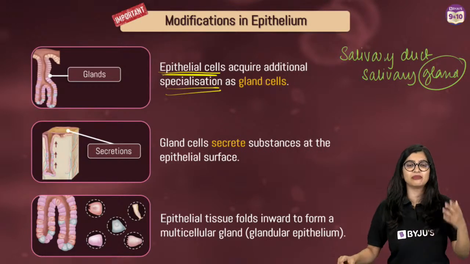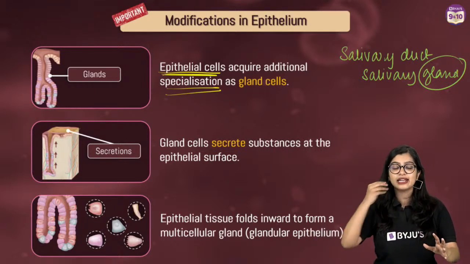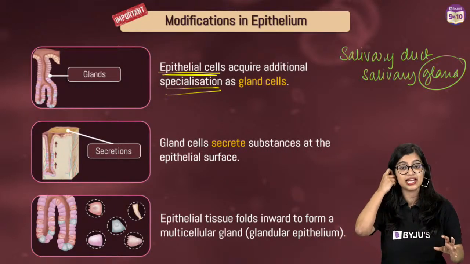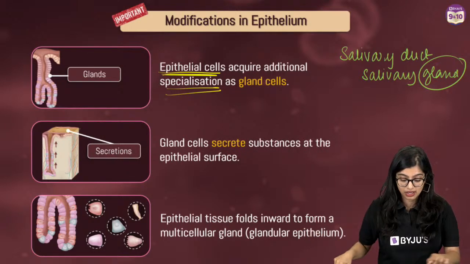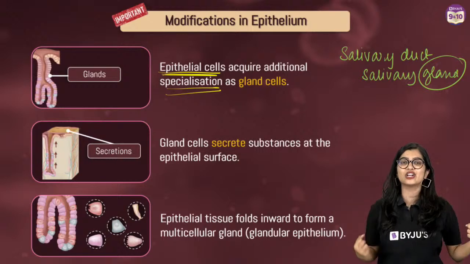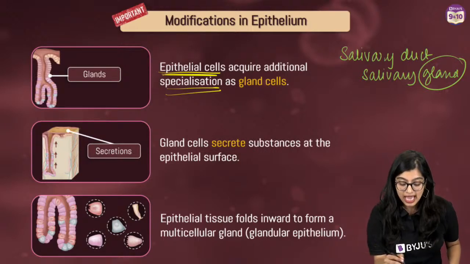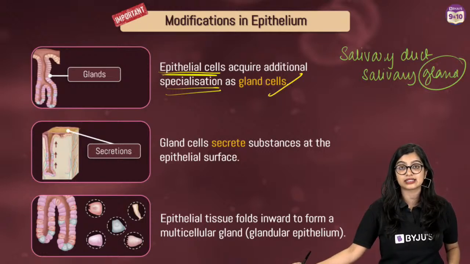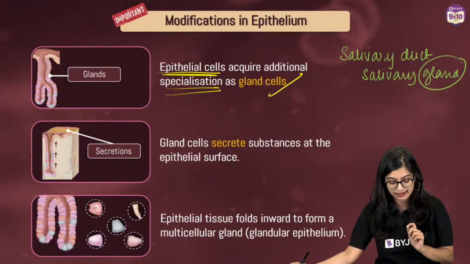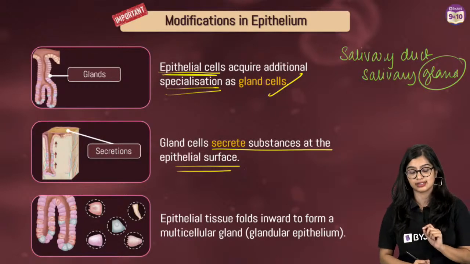Apart from being protective in nature, they have the ability to carry out various other functions. These epithelial cells get some additional power, kind of like a power up, where they have the ability to secrete certain substances. When they have the ability to secrete a certain substance, we call that a gland, and they secrete chemical substances at the surface.